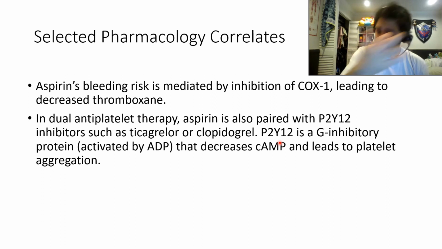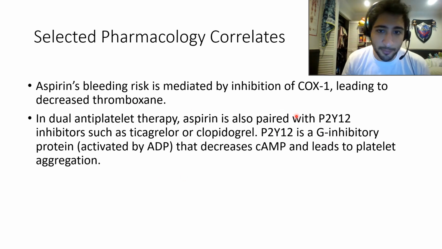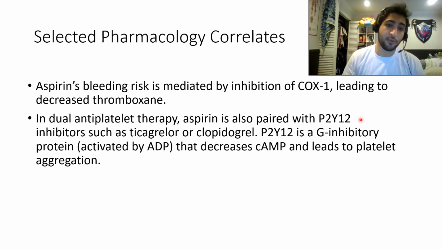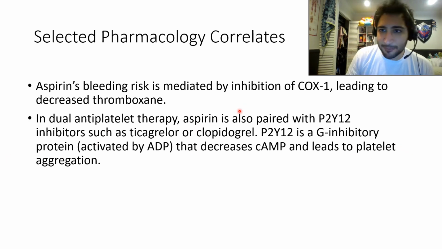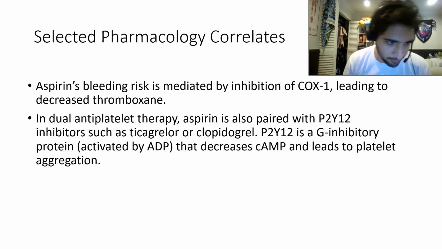But the point is P2Y12 is a G inhibitory protein that's activated by ADP, and that decreases cyclic AMP, right? Because it's a G inhibitory protein, it makes sense that it's going to decrease cyclic AMP, and that leads to platelet aggregation. So by inhibiting the P2Y12 with ticagrelor or clopidogrel, you prevent the activation of the inhibitory G protein that prevents the decrease of cyclic AMP, and that prevents platelet aggregation. By using aspirin, you prevent thromboxane A2, so you prevent recruitment of platelets.